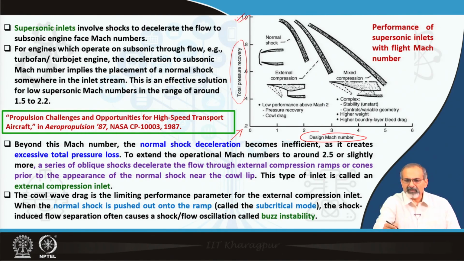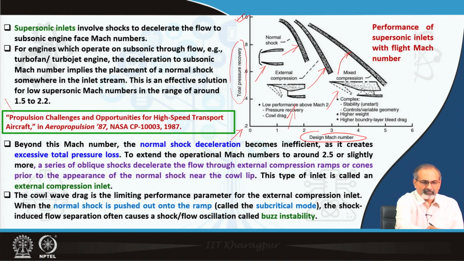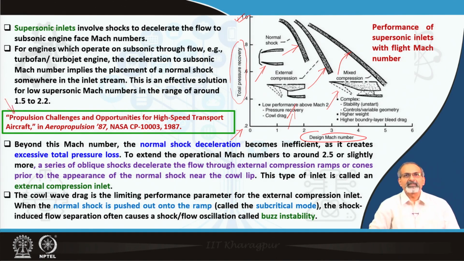Then you see different kinds of intake configurations sketched here, which work in different design Mach number ranges. This configuration refers to this band, the second one to this band, the third one to this band, and so on. This particular plot has been taken from this reference.